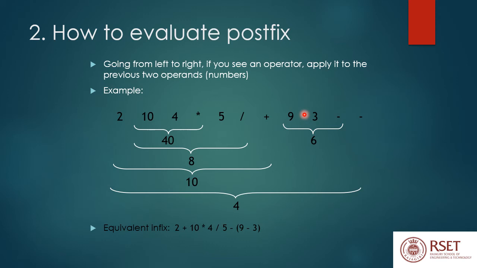You just move blindly from left to right, and whenever you see an operator, you apply it to the previous two operands and proceed further. So this is easy for a computer, and the stack helps the system to perform this operation.